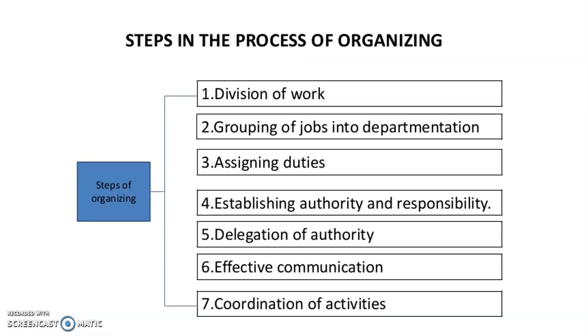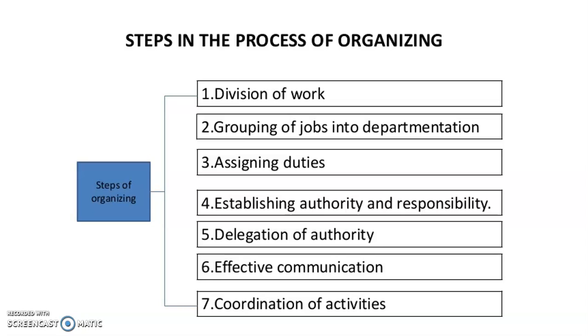Moving towards the steps in the process of organizing. Organizing is a process, as we have already discussed. So there are 7 steps involved, largely 7 steps involved in organizing. Number 1, division of work. It means first the identification of tasks that need to be done, and then the activities have to be grouped.